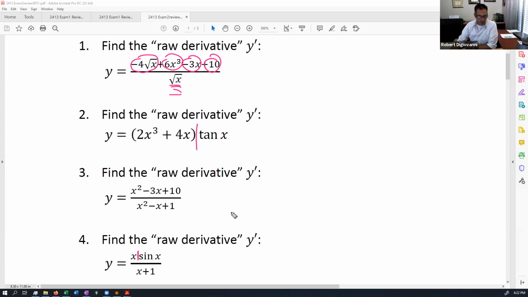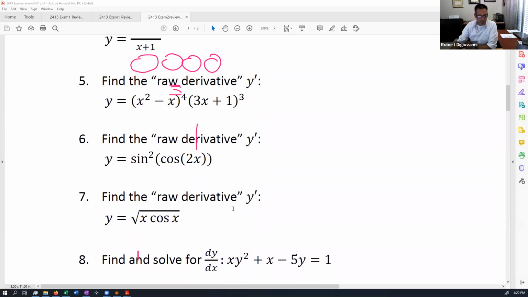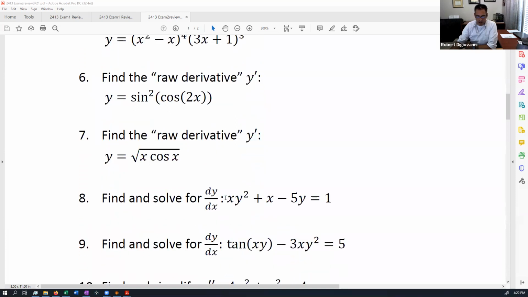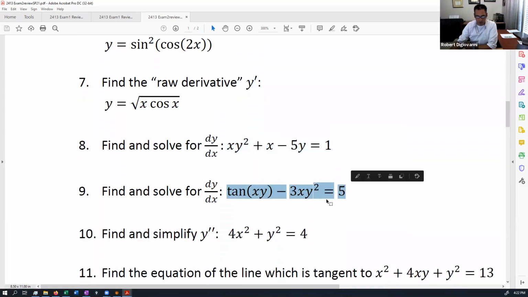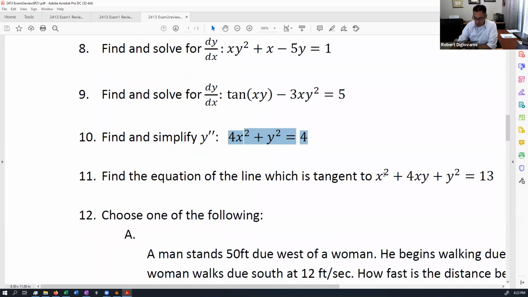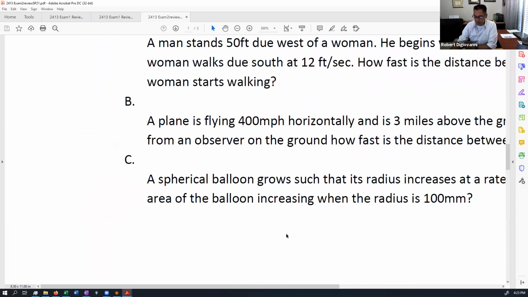But if you were to scroll down and look at the rest of the problems, you can see that these start requiring chain rule. Okay, these are all chain rule. Here's implicit, right? This is implicit differentiation. That's what we were covering today. More implicit, more implicit, more implicit, and then word problems.